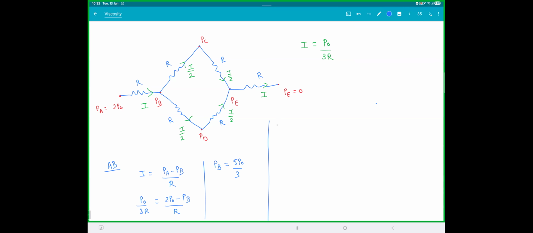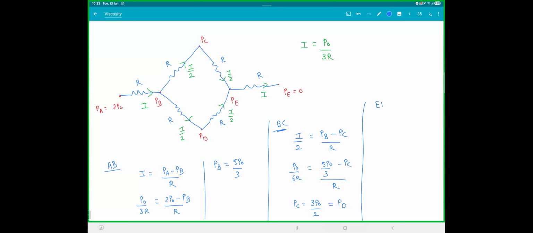Then let's go from B to C. B to C, current is I by 2, which is PB minus PC by R. This is P naught by 6R. PB is 5P naught by 3. This is PC by R. R and R will cancel. You end up with PC is equal to 10 minus 1, 9 by 6. So that will be 3P naught by 2. By symmetry, this is also equal to PD.